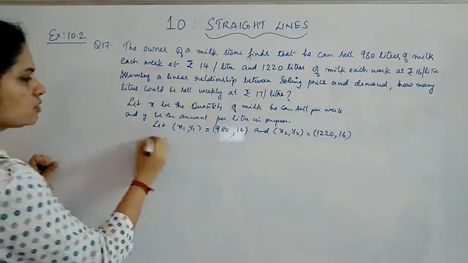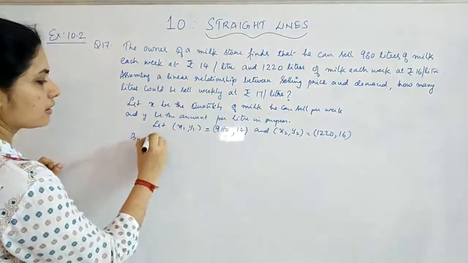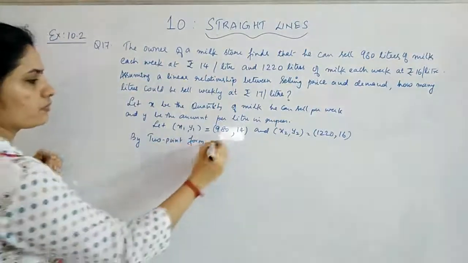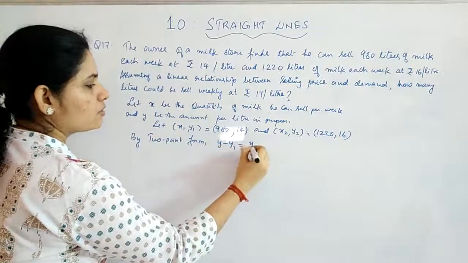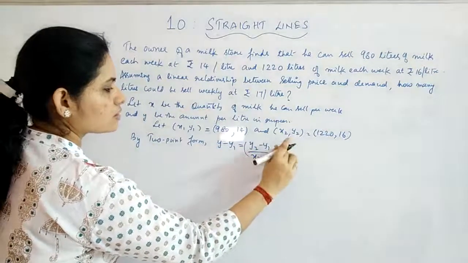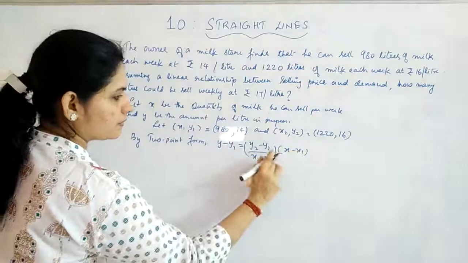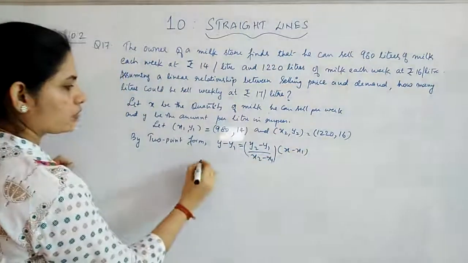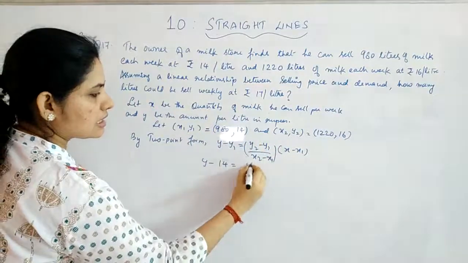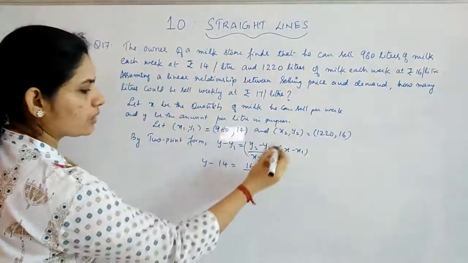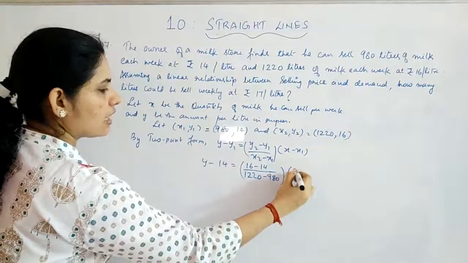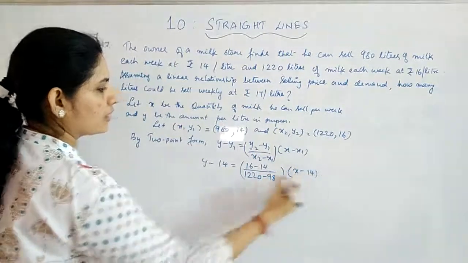Okay, so you will use the 2-point form: y minus y1 equal to y2 minus y1 by x2 minus x1 into x minus x1. What is y minus y1? y1 is 14 is equal to y2 is 16 minus 14 divided by 1220 minus 980 into x minus x1 is 980.